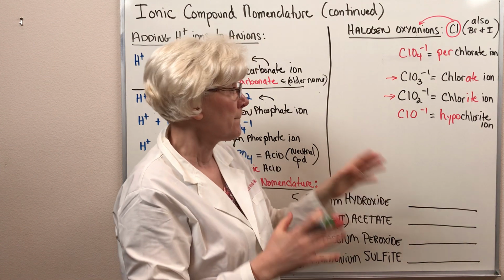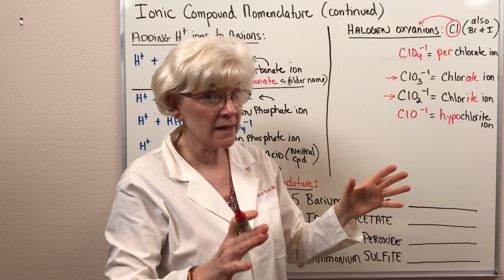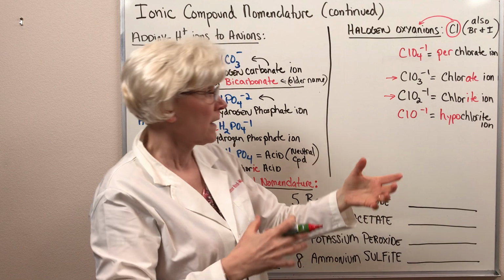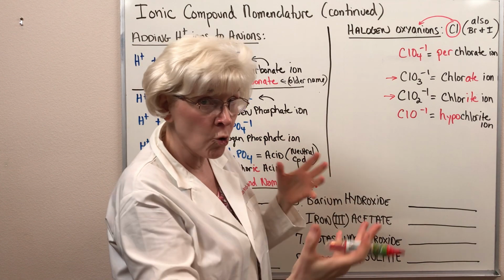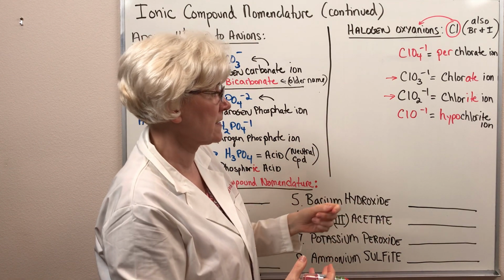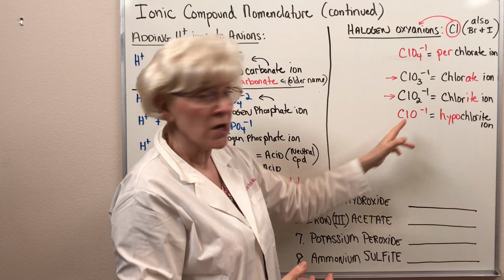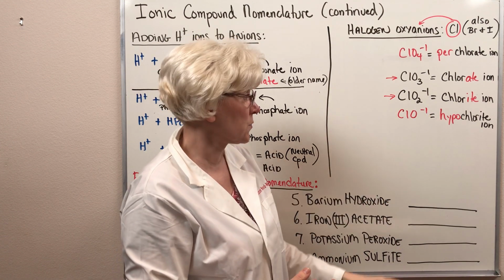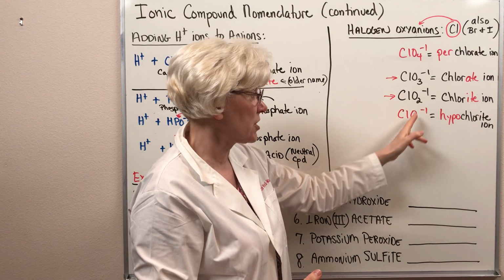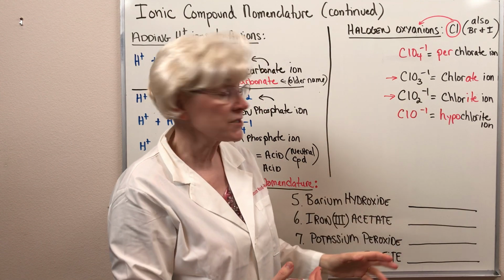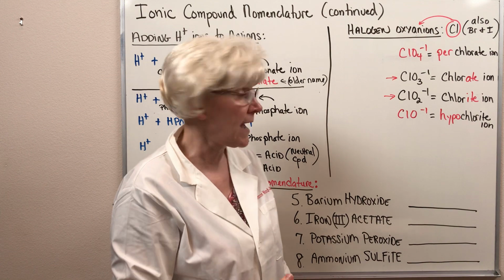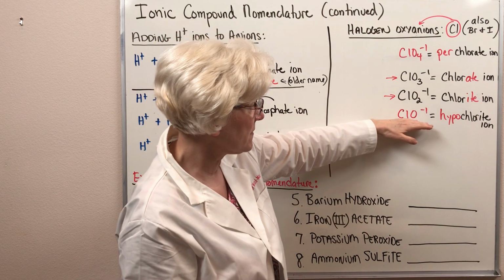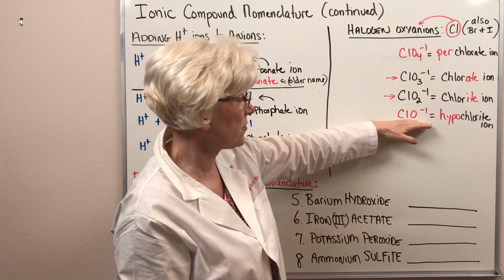ClO2-1. But it turns out that the halogen oxyanions can form even more different types of oxyanions. So there also exists a ClO-1, same charge, but 1 less oxygen than chlorite has. So how do we name this new oxyanion of chlorine?